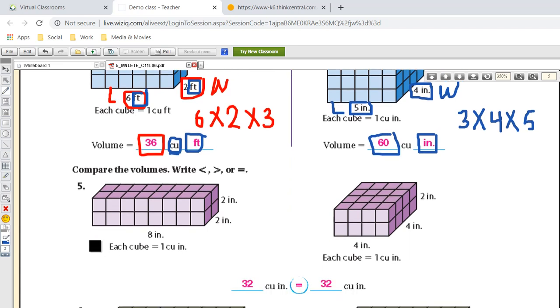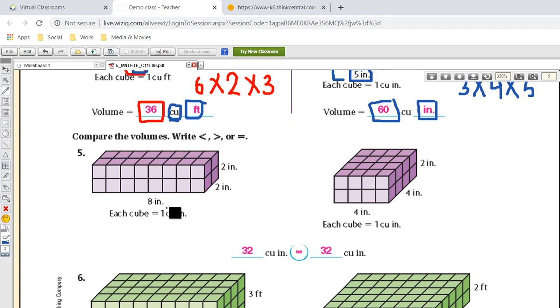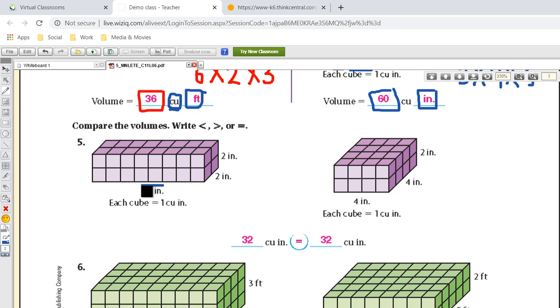Okay, now he is asking me here to compare the volumes by using greater than, smaller than, or equal. Firstly, you have to get the volume of each figure and then write it here and then compare between the numbers. Firstly, we have here 8 inches, 2 inches, and 2 inches.